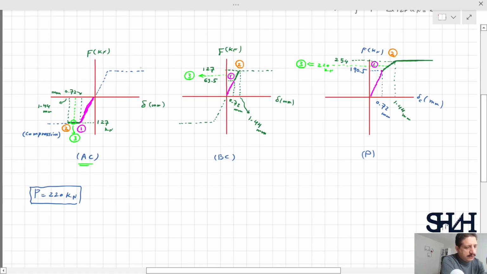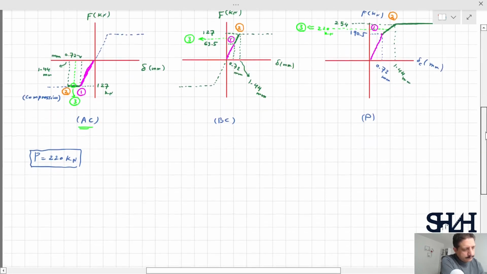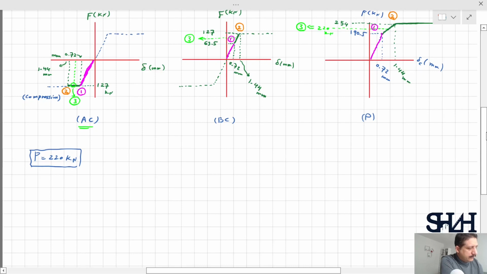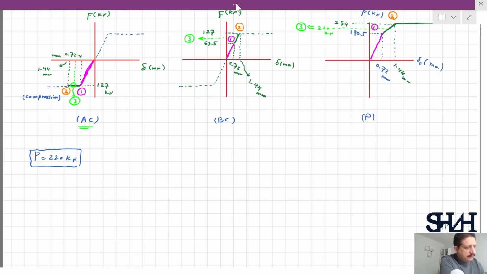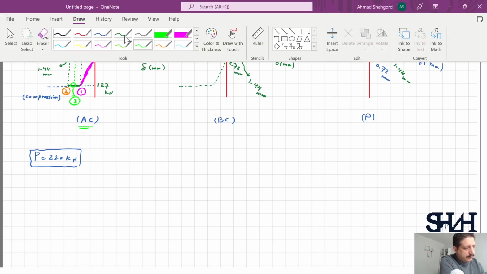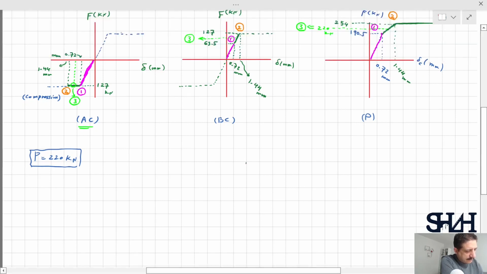Now we have to check if we put the same load in the other direction with 220 kilonewton, what would happen? So the easiest way to solve this type of question and understand how it works is that keep the load as it is.